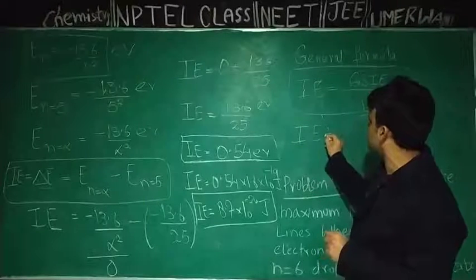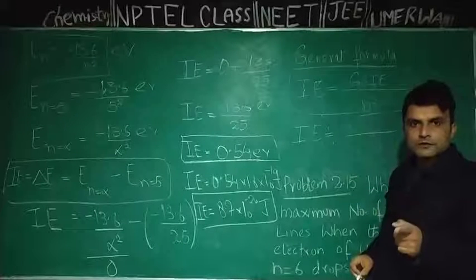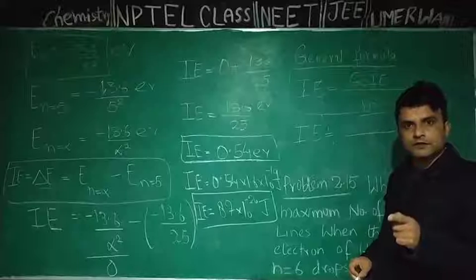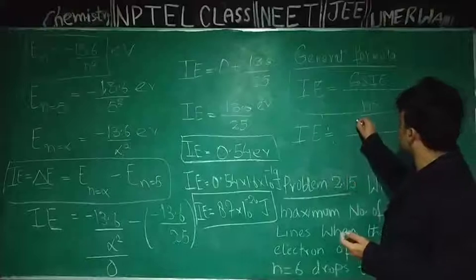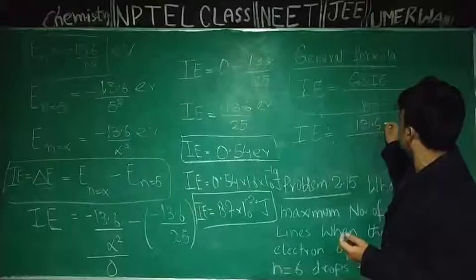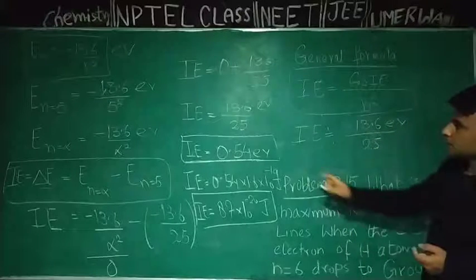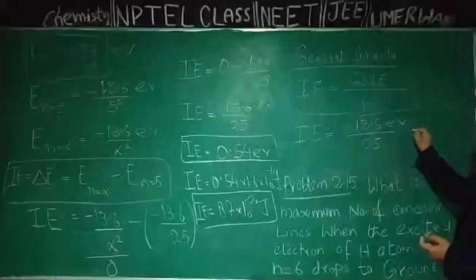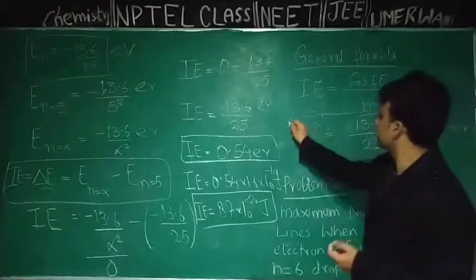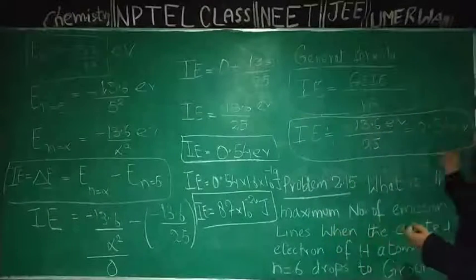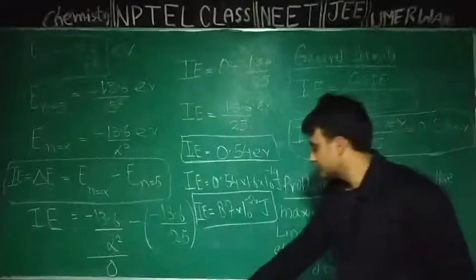I will write ionization energy is equal to the ground state ionization energy for a hydrogen atom if the electron is present in its first orbit, and if we are interested to ionize it, the ground state ionization energy is 13.6 electron volt. Now I have to divide it by 25. It will again come equal to 0.54 electron volt, and in joules it will come equal to 8.7 into 10 raised to power minus 20.